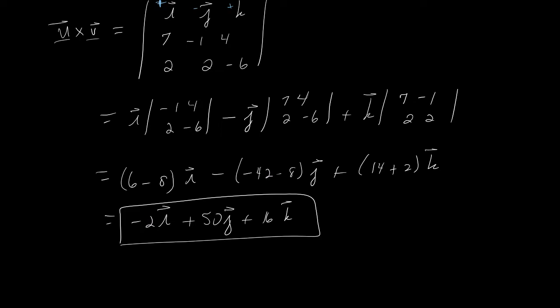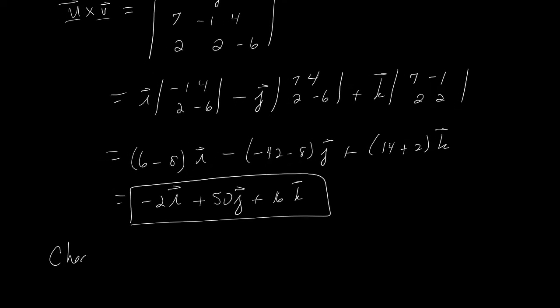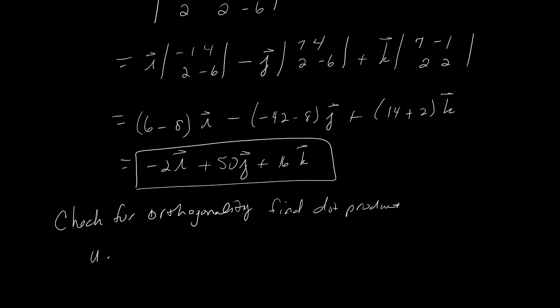Now we can verify that this cross product that I found is actually orthogonal to both of the previous vectors, u and v, by finding the dot product. Remember, if the dot product of two vectors is 0, the angle between those two vectors is 90 degrees, or pi over 2. So let's check for orthogonality. That's a fun word to say, orthogonality. Let's find the dot product: u dotted with u cross v.